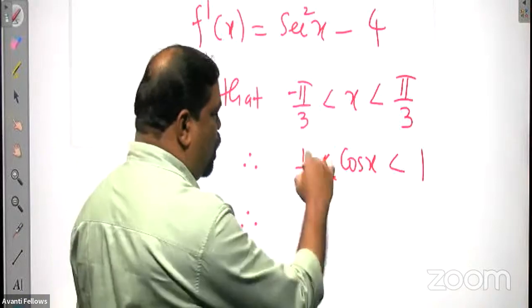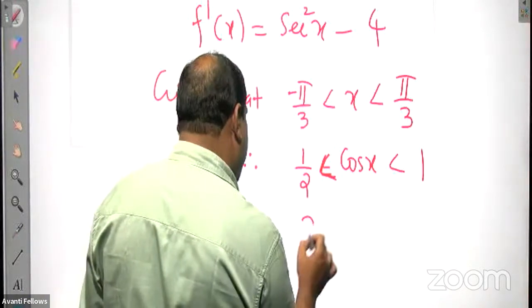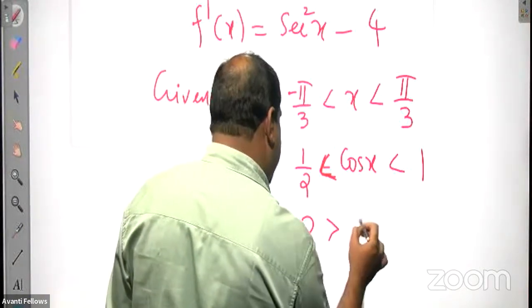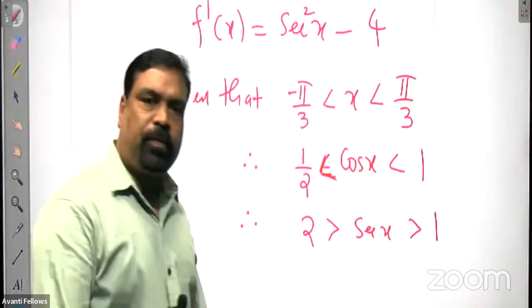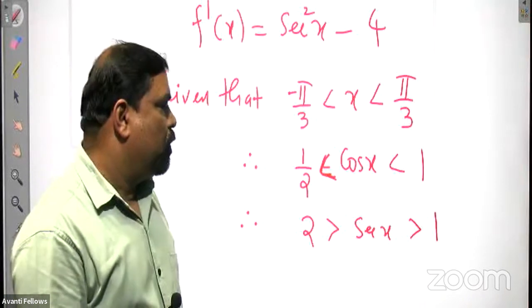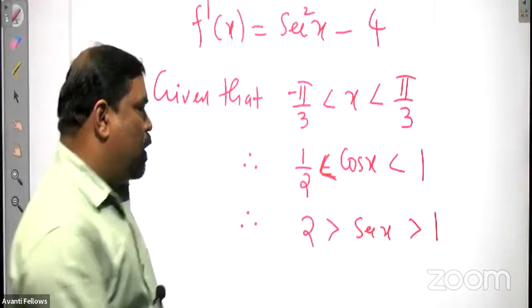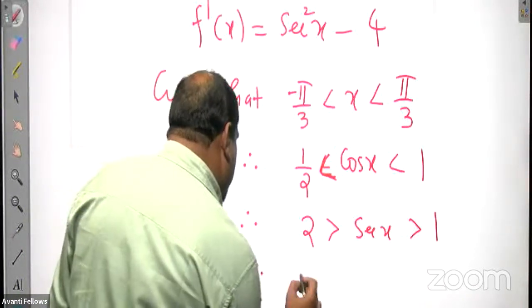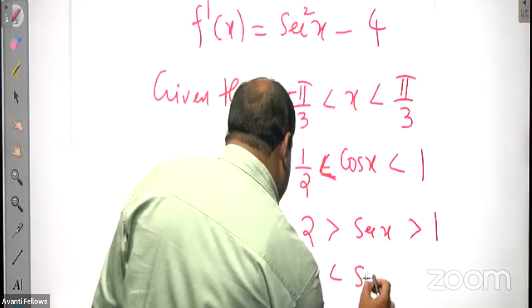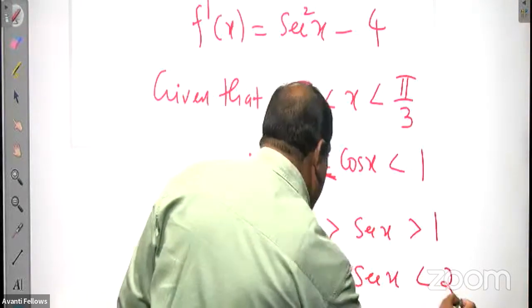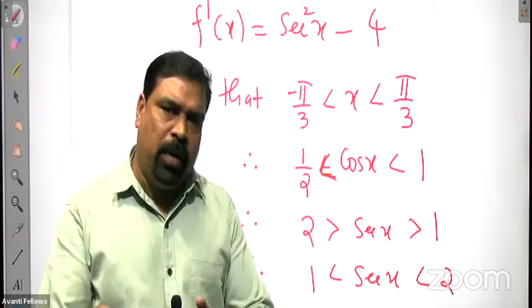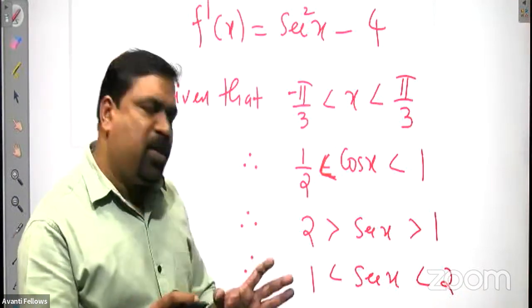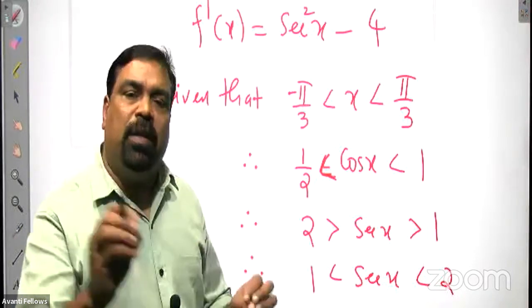If you take the reciprocal, 2 greater than 1 by cos x, that is sec x greater than 1. Yes, sec x lies between 1 and 2. That's the meaning: 1 less than sec x less than 2. If cos x is in between 1 by 2 and 1, definitely sec x must be in between 1 and 2.